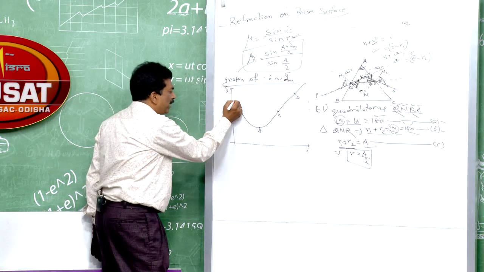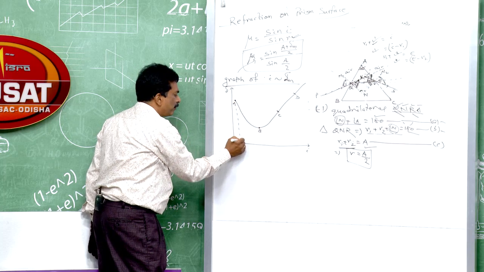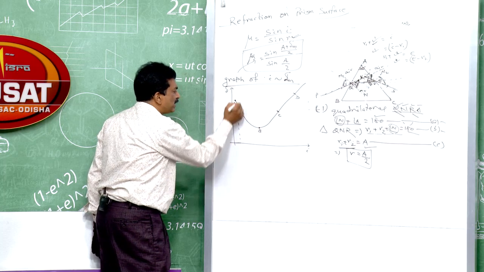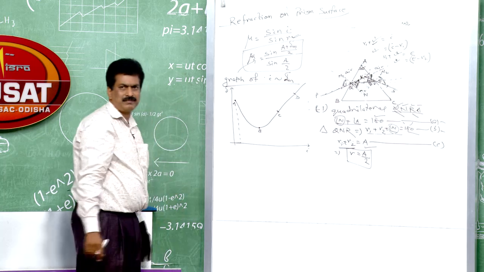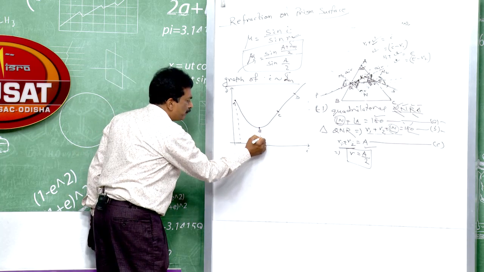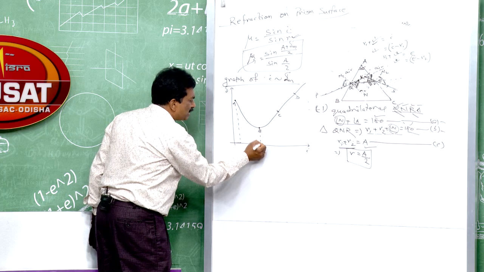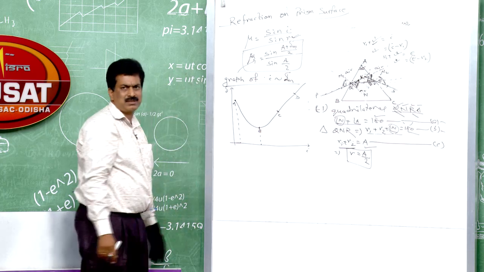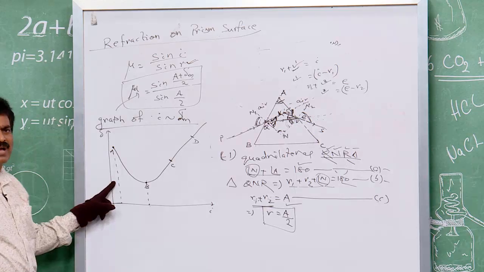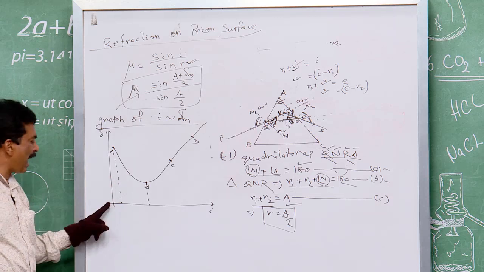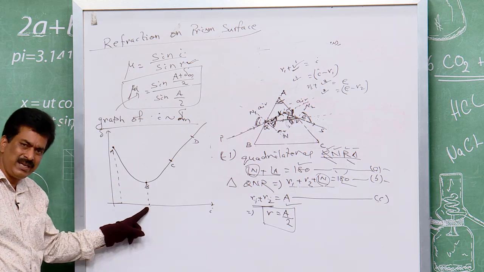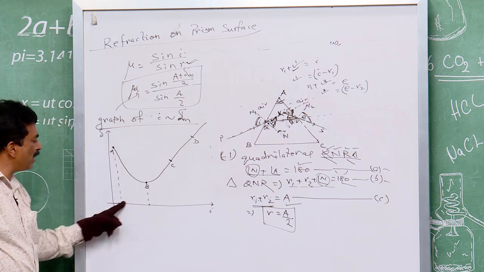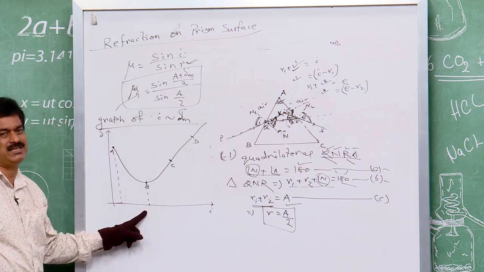So at the point A, this is its angle of incidence and this is the angle of deviation. For the point B, this is the angle of incidence, this is the angle of deviation. So what type of idea are you getting now? As the angle of incidence increases, the angle of deviation decreases.